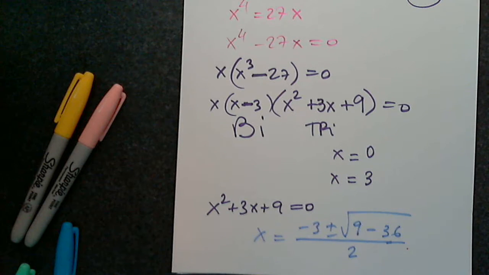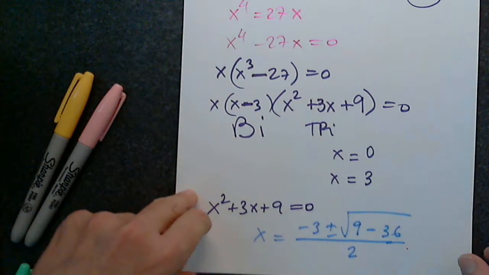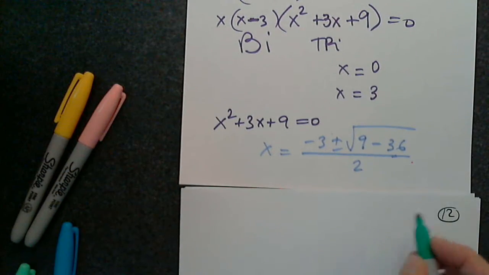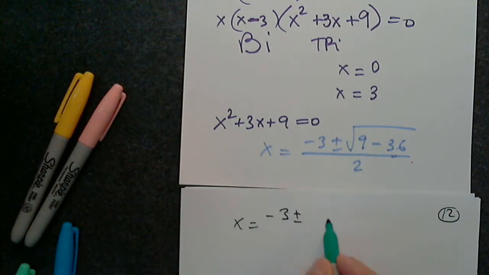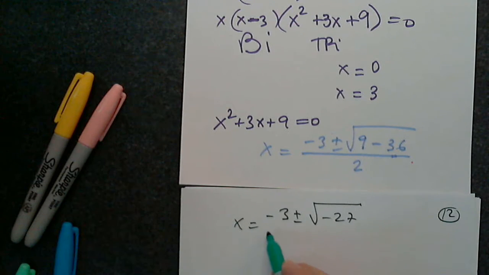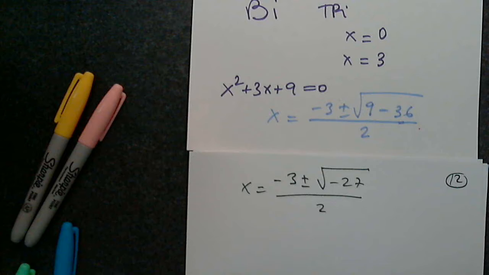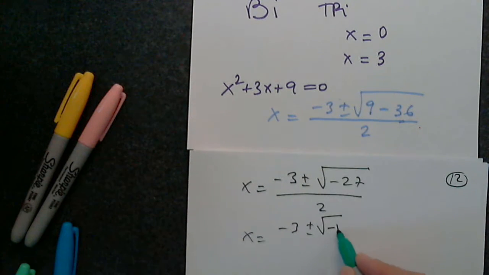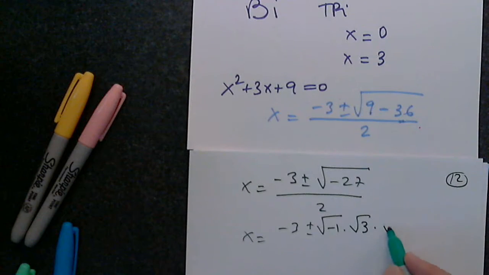Isn't it negative 3 plus or minus the square root of negative 27? Yes, yes. Let's write that. So x equals negative 3 plus or minus the square root of negative 27 divided by 2. But I have to work on negative, yes, plus or minus the square root of negative 1, the square root of 3, and the square root of 9.